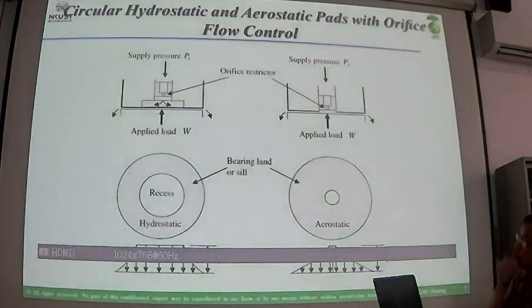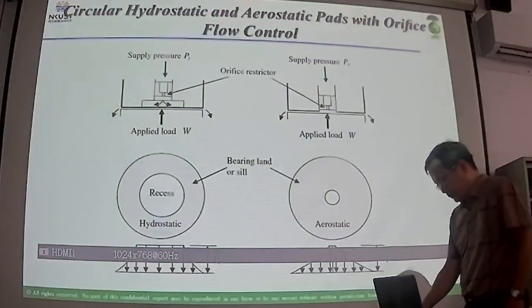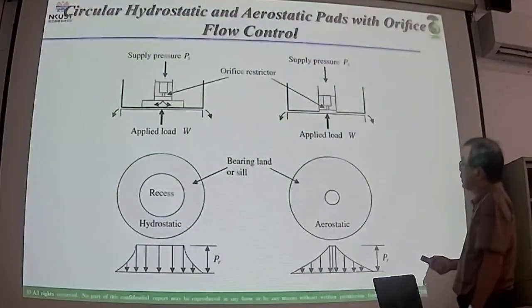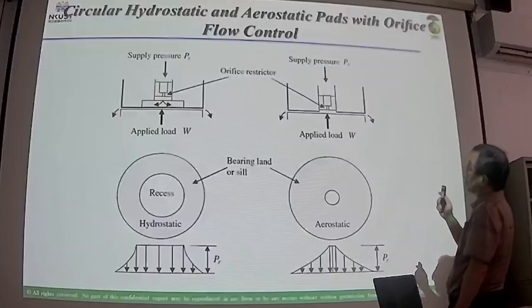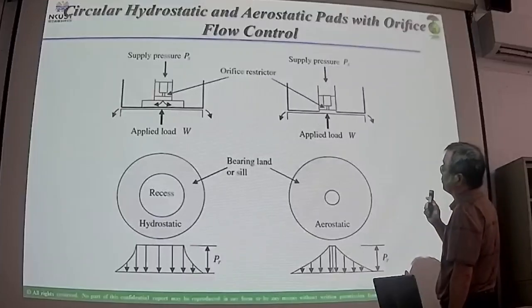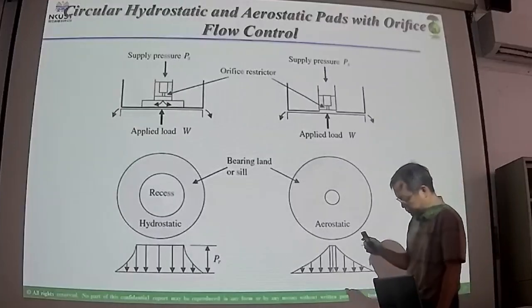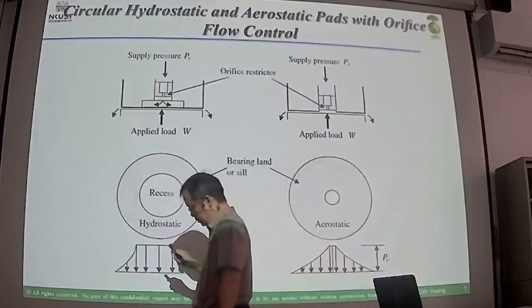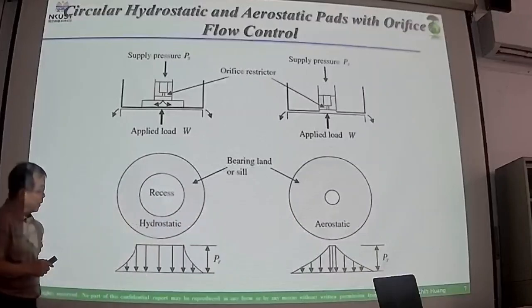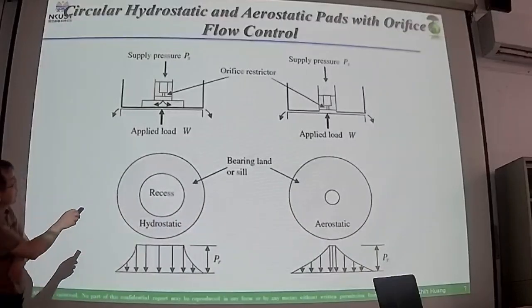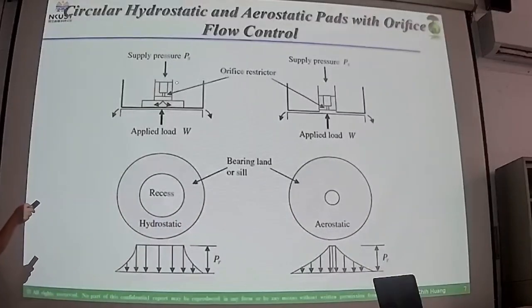In the chapter 1, this is the circular bearing. It's a thrust bearing for axial load. So here is the restrictor.